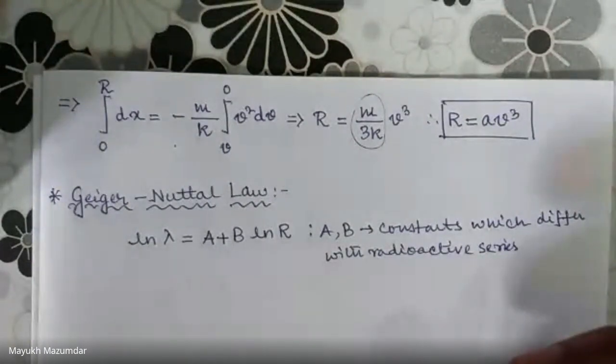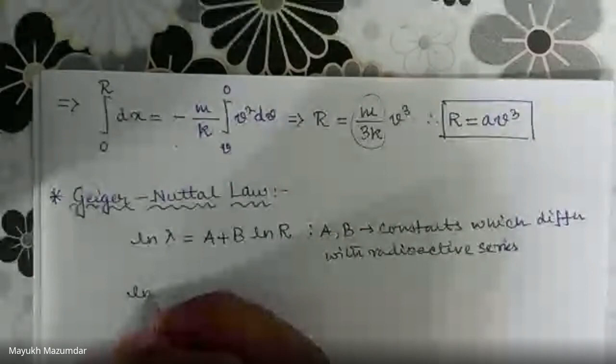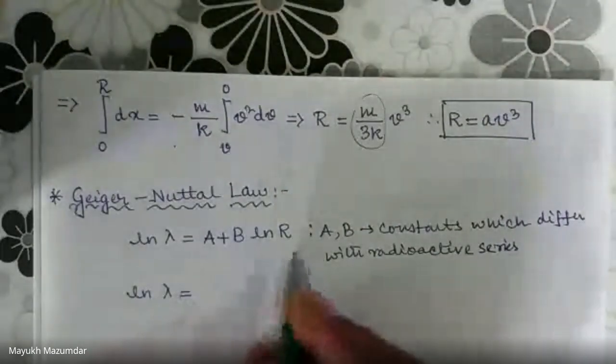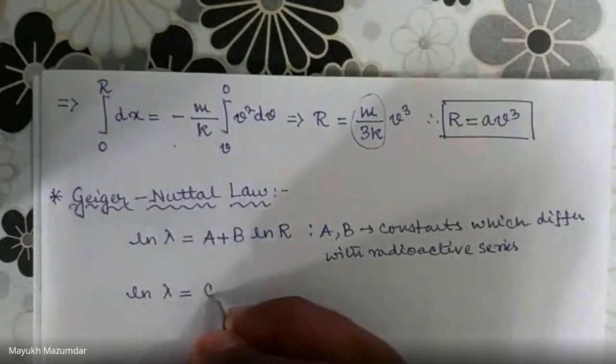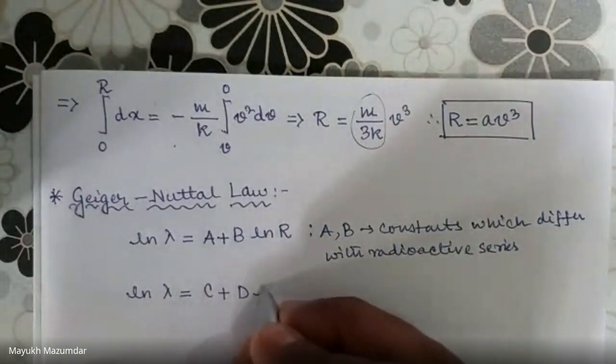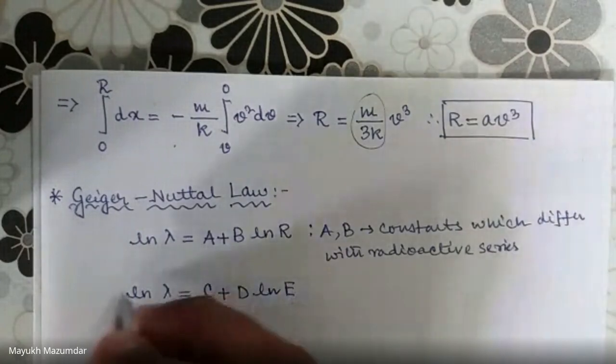And if you try to write it in terms of energy, which we can always do, since we have ln, the power will come as the coefficient, but that will change the constants. So in terms of energy of the alpha particle, it looks like this.